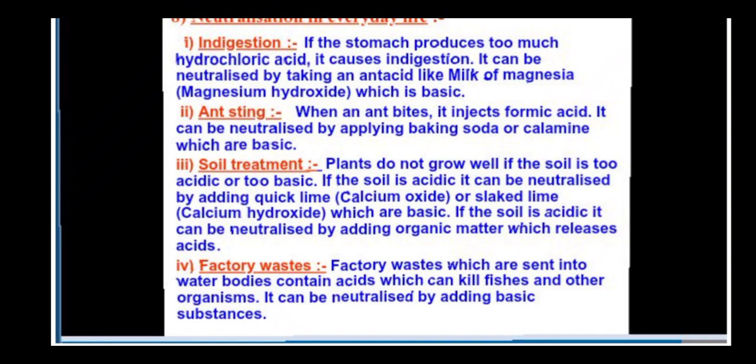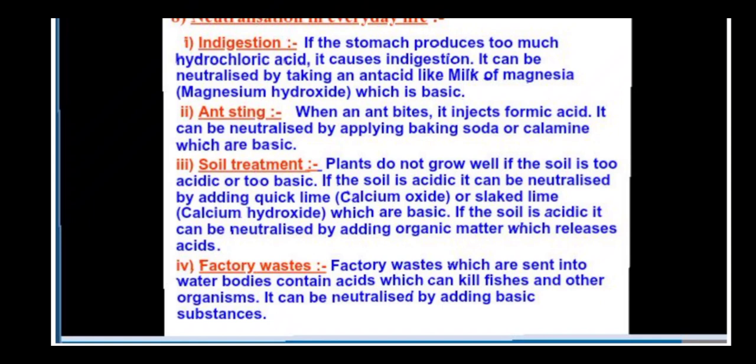If the soil is too acidic, it can be neutralized by adding quicklime, that is calcium oxide, which is a base. And if the soil is basic, then we can neutralize it by adding organic material which releases acid.